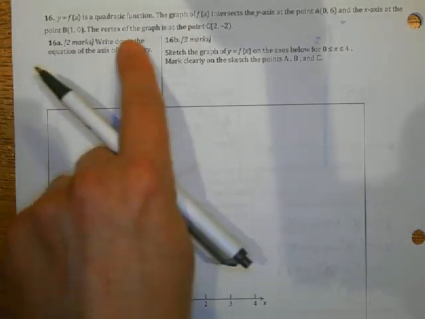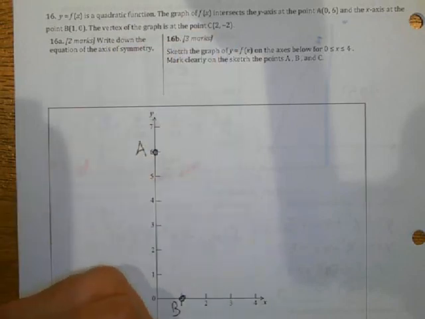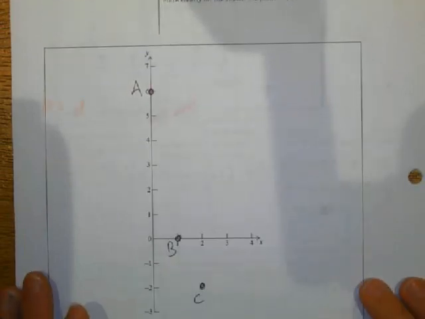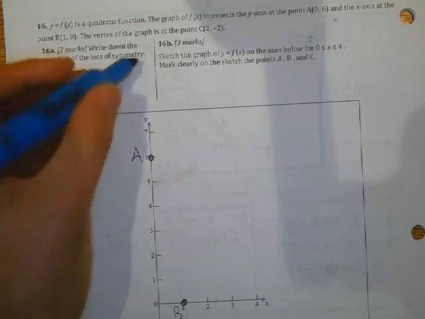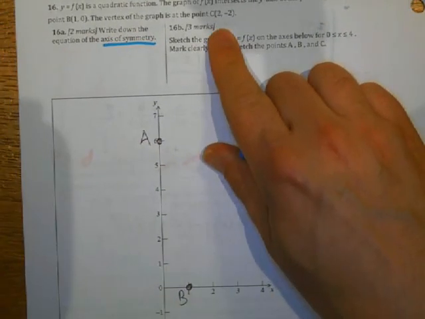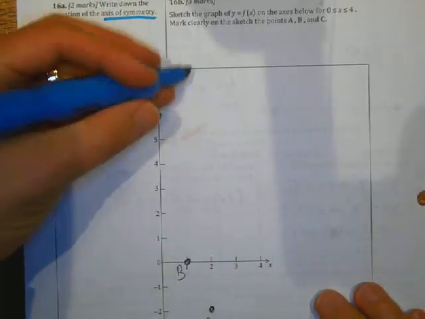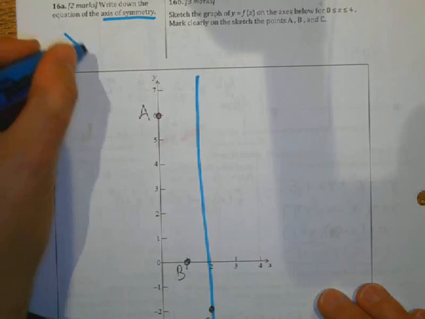And the vertex of the graph is (2, -2). And that's point C. Okay, write down the axis of symmetry. Well, if the vertex is (2, -2), my axis of symmetry is x equals 2.